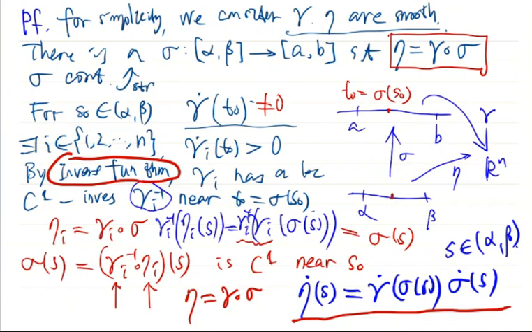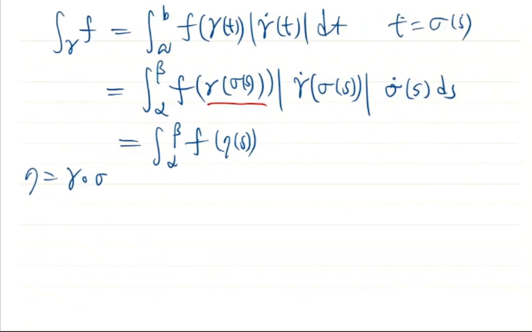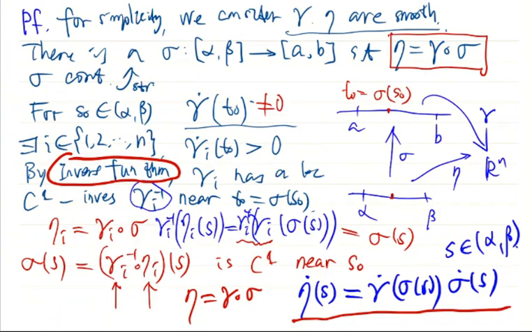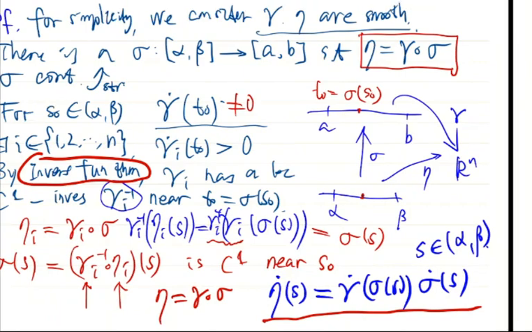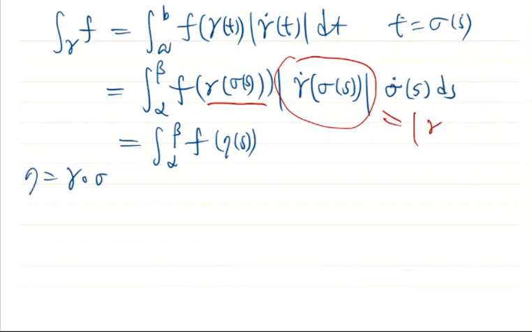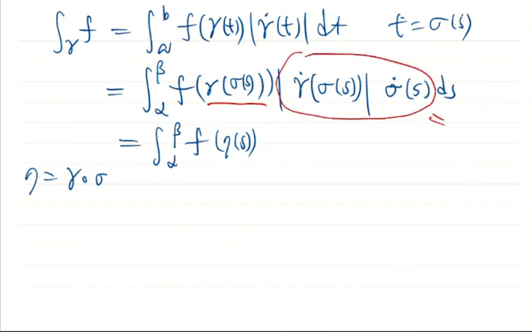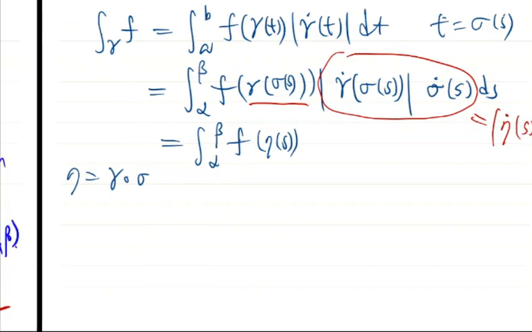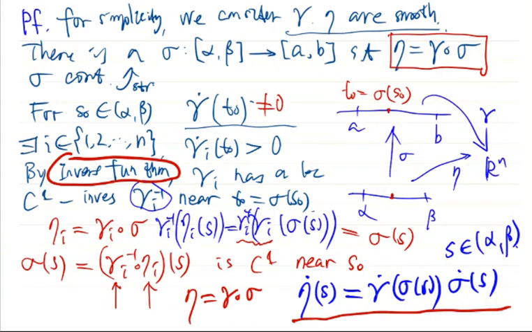Here we need the norm of gamma dot of sigma s, so taking the norm in this vector equality, this altogether is precisely the norm of eta dot of s by our last equality.